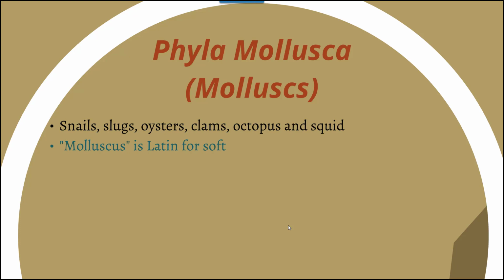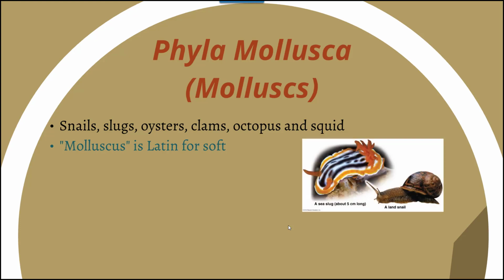So Mollusca is going to consist of molluscs, which I think is a rather diverse group. It can consist of snails, slugs, oysters, clams, octopus, and squid. Mollusca refers to the Latin word for soft, because they have a soft foot.